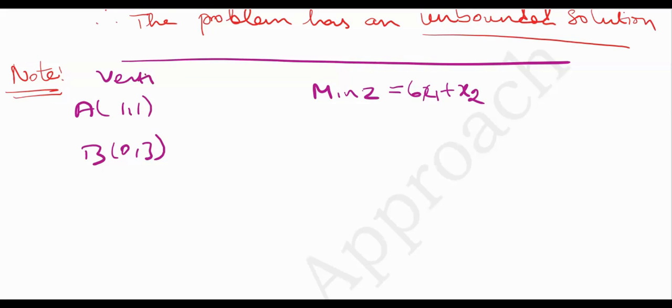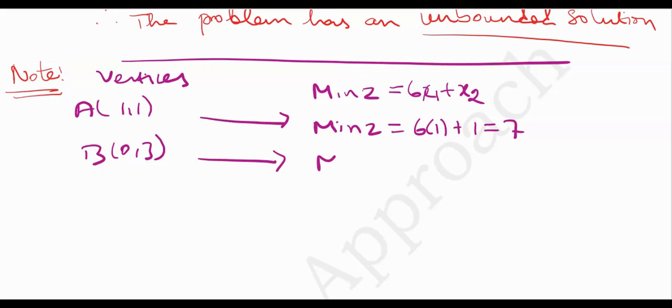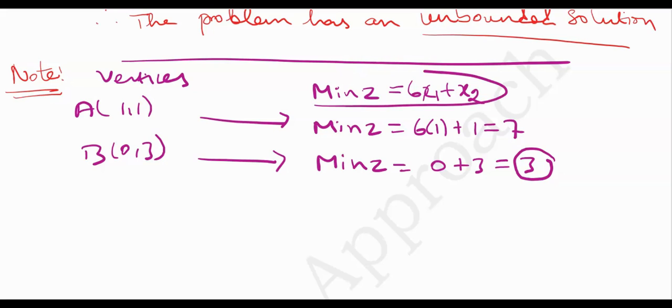So minimize z is equal to 6 into 1 plus 1, which is equal to 7 at the point (1, 1), and then at the point (0, 3) z is equal to 0 plus 3, which is equal to 3. So this 3 is the optimum solution for the objective function minimize z is equal to 6x1 plus x2.